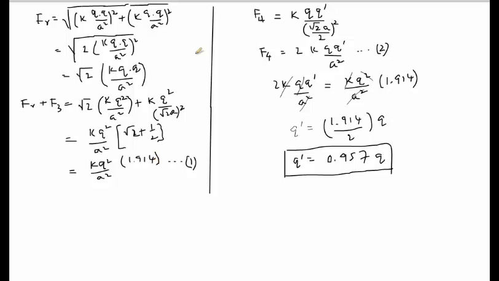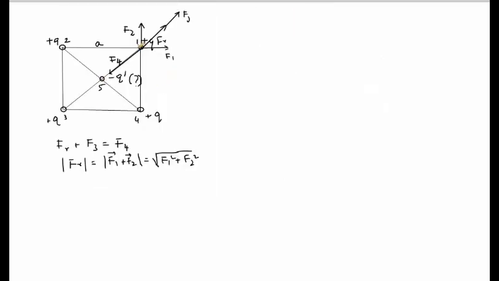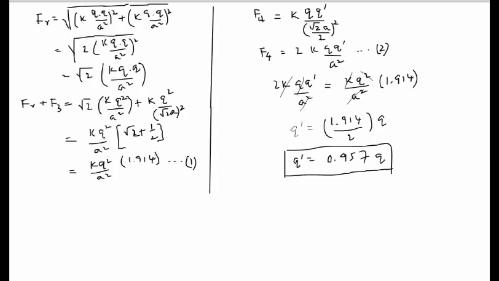Now F4 we can calculate using Coulomb's law again, and that will be k q q dash divided by square root 2 a divided by 2, because this is half the diagonal, therefore it has to be divided by 2.